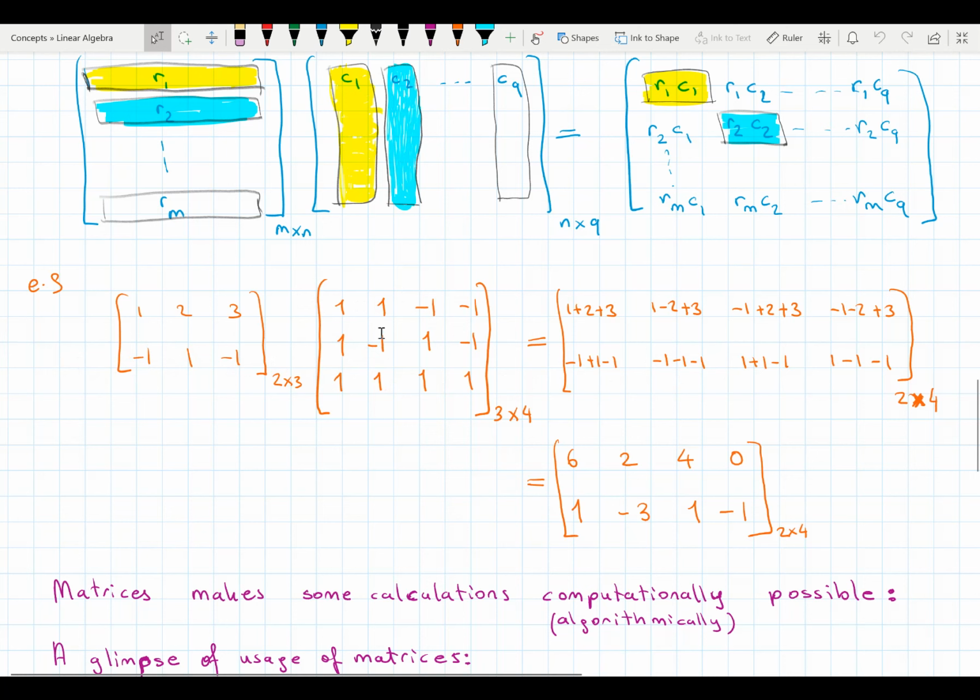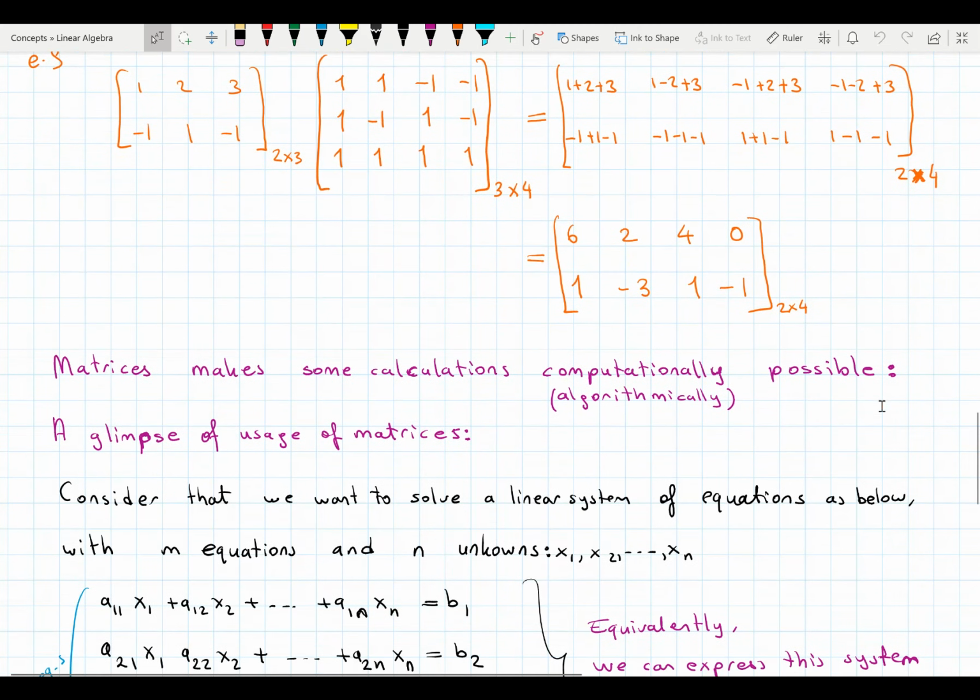And then you have this times this. This is minus 1 minus 1 plus 1. And this times this, you have plus 1 minus 1 minus 1. That's that. So we have a 2 by 4 matrix as the product. If we figure out these numbers, we find 6, 2, 4, that's 0, that's 1, that's minus 3, that's minus 1, that is 1, that is minus 1. So this is how we multiply two matrices.